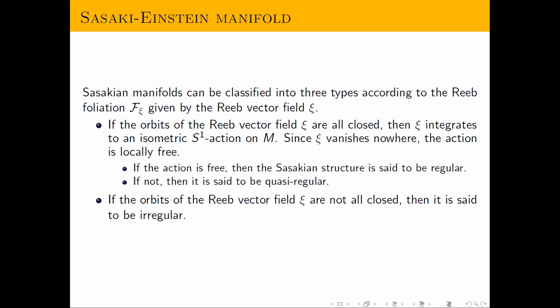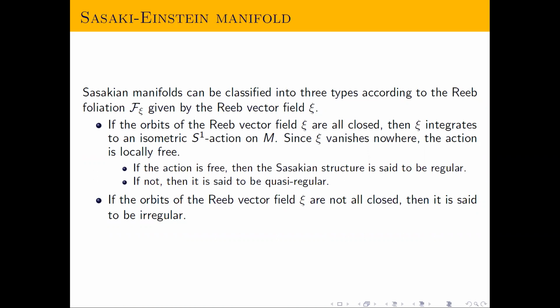Using the Reeb vector field, which gives a foliation, you can classify Sasaki manifolds into 3 types. You consider the Reeb foliation, given by this Reeb vector field.